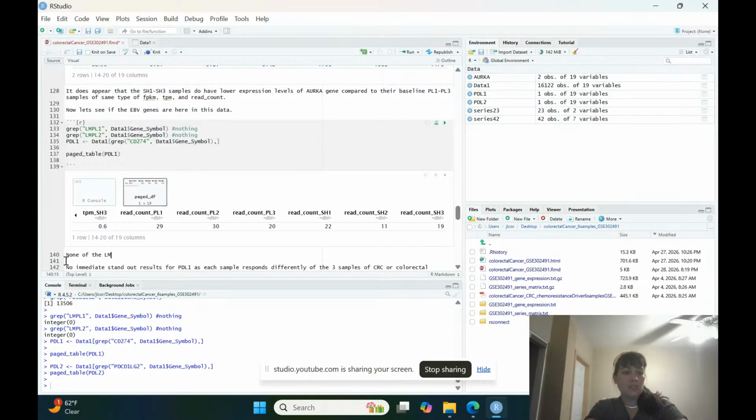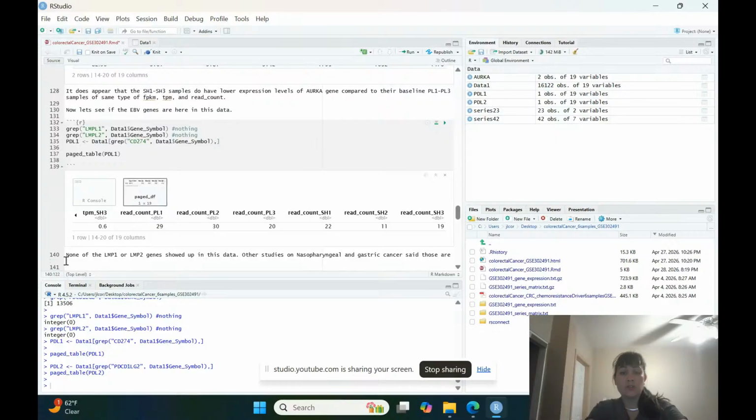None of the LMP1 or LMP2 genes showed up in this data. Other studies on nasopharyngeal and gastric cancer says those are genes affected by EBV latent virus activation. Okay.